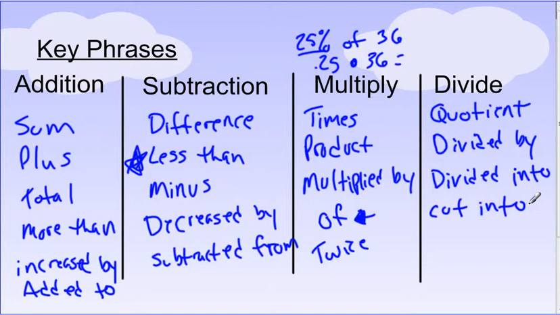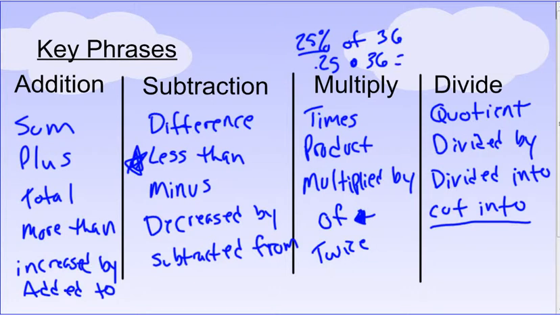Or if you have a rope and you're trying to cut it into pieces that are each 3 inches long, that's dividing. That's also one that you'll see quite a bit. It's kind of a hidden division, but when you're cutting something up in equal pieces, that's division. Okay? So now we have a nice list of words here to help us keep track of which ones are addition, subtraction, multiply, and divide.